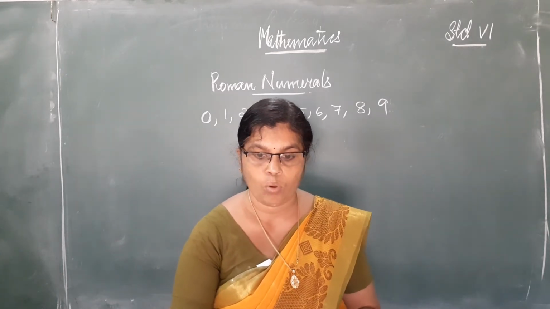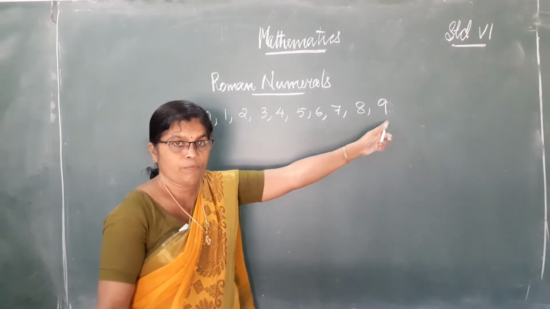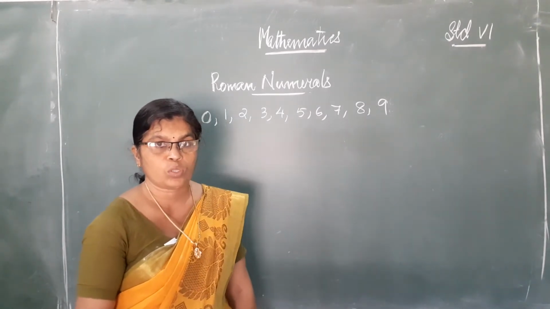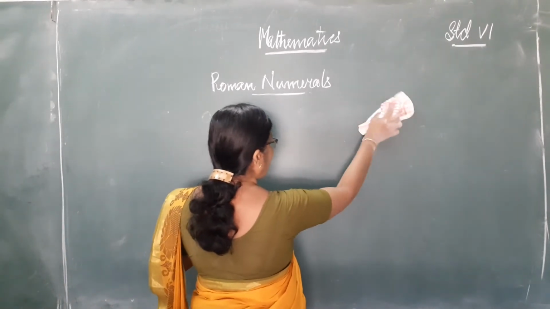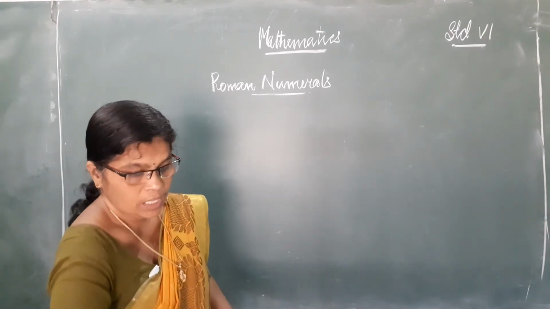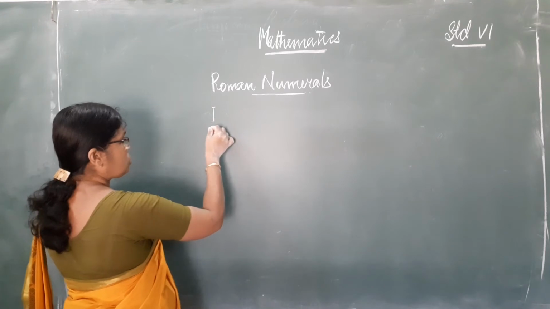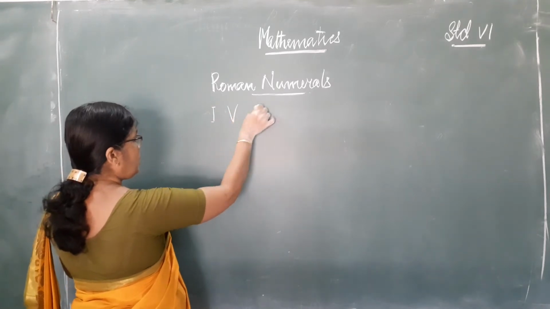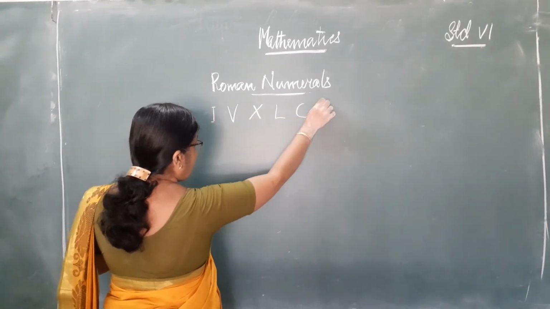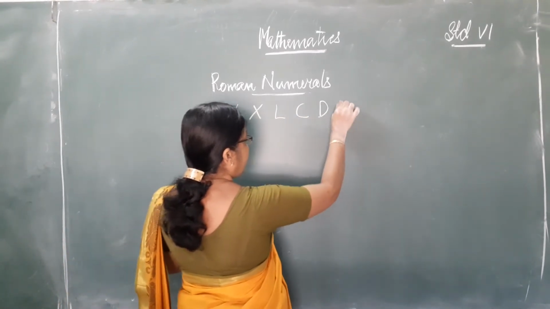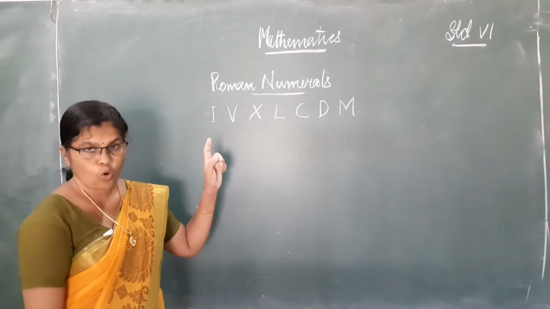Like we use digits to write our numbers, for writing the Roman numerals also there are some symbols. Let's see those symbols. From the English alphabet letters we use I, V, X, L, C, D, M. These are the symbols we use to write the Roman numerals.